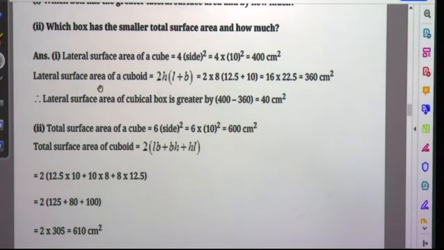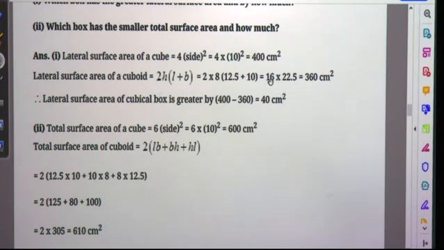Now, lateral surface area of a cuboid is equal to 2h in bracket L plus B, which is 2 into 8 in bracket 12.5 plus 10. These are the values of length and breadth and 8 is the value of the height.